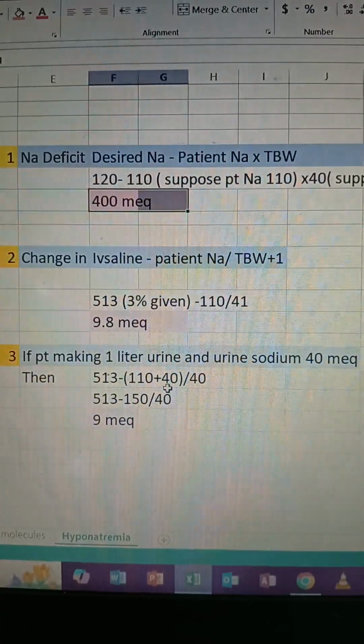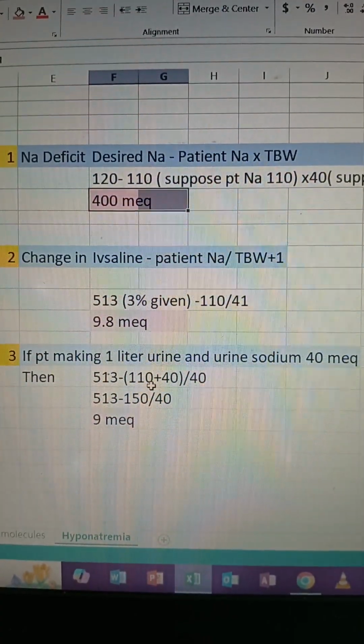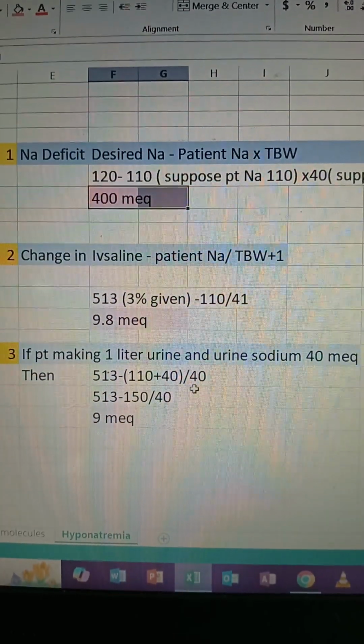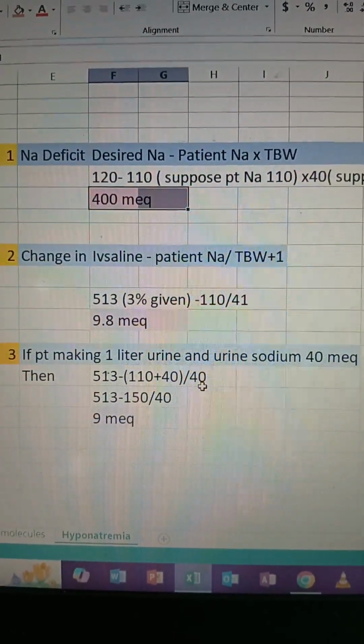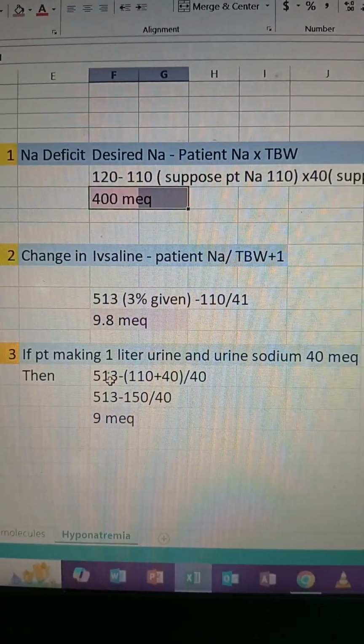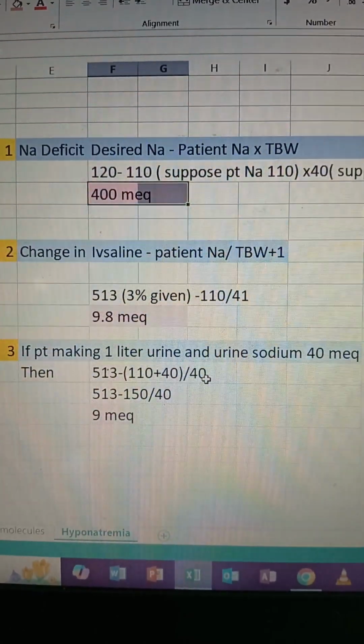So we add that to the 110 and subtract this figure from 513 and divide by 40, not 41, because 1 liter has been excreted out. When you give 1 liter and 1 liter is excreted out, then it has to be 40.